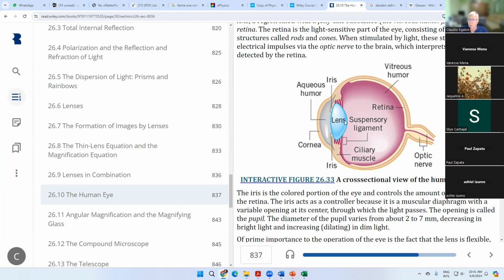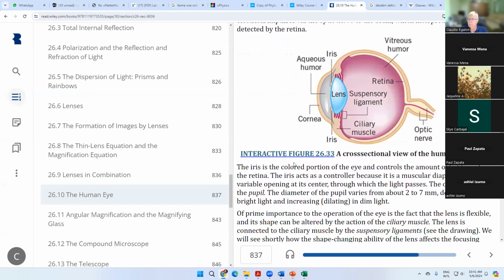But like I said, most of the refracting power of the eye comes from the lens, but everything else also contributes. The cornea contributes, the aqueous humor contributes, okay? And there is more. Not only can you change the radius of curvature of the lens using the muscles in the eye, the ciliary muscles, okay?